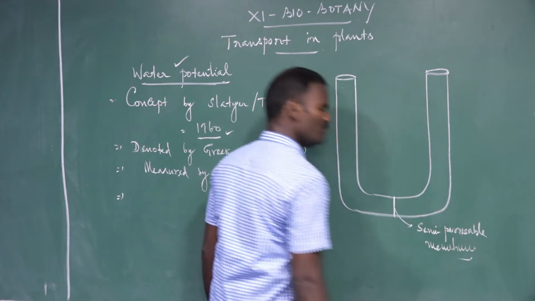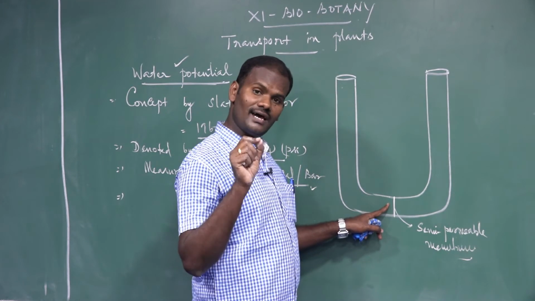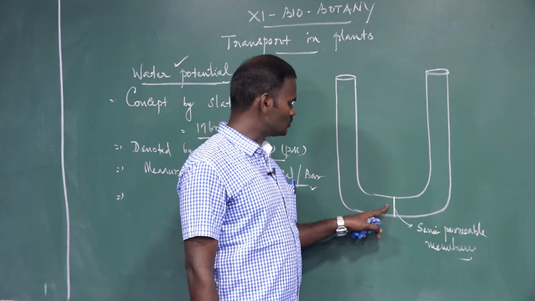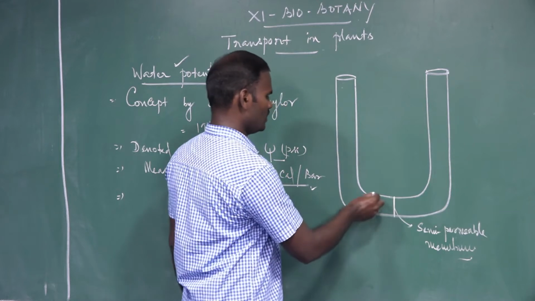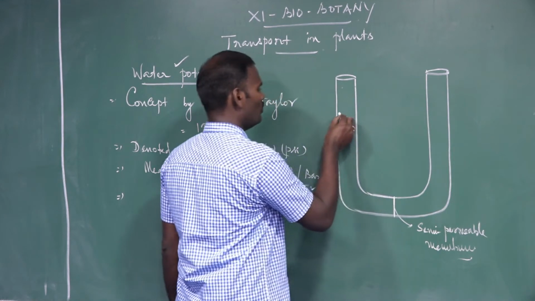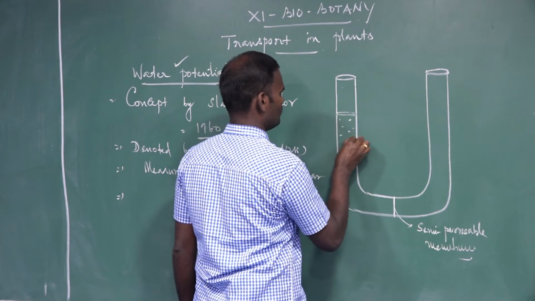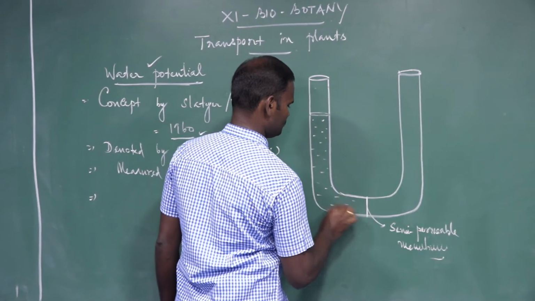What do you mean by a semi-permeable membrane? It allows only solvent molecules to pass through and does not allow solute molecules to pass through. So this is called a semi-permeable membrane. On one side of the U-shaped tube, both arms are filled with water molecules.